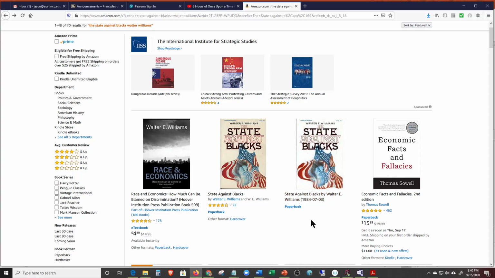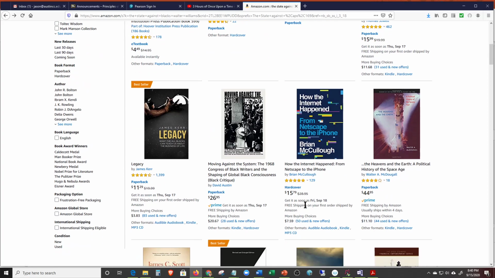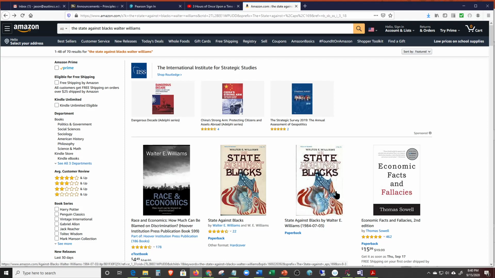So too bad it doesn't have a table of contents here. Oh well. Walter Williams, State Against Blacks, has a very interesting chapter on the minimum wage and its history, how it came into being in the 1930s here in the United States as a way for textile mills in the Northeast, especially in Massachusetts, to keep their industry from relocating to the South, in South Carolina mainly.